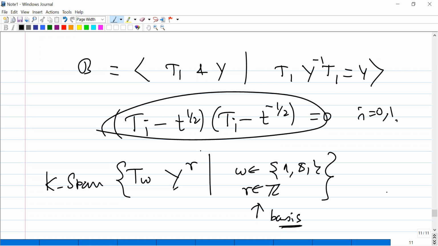I did not get the last point that you said, that at t equal to 1 we know the basis. Yeah, so you know that this spans. To prove linear independence, if you have a surjection to some vector space where these elements are linearly independent, that is good enough.